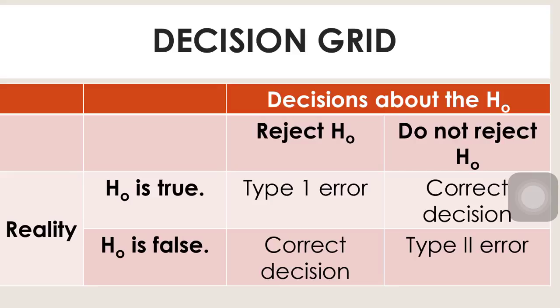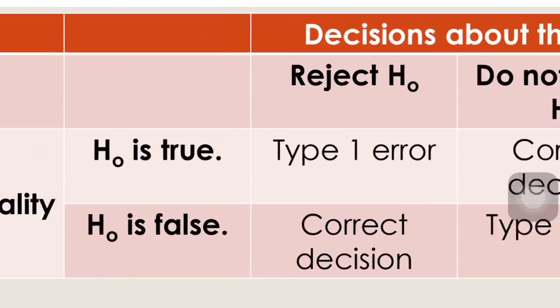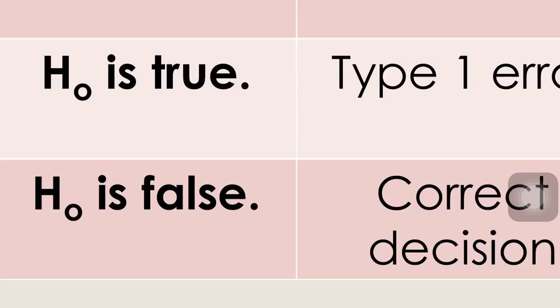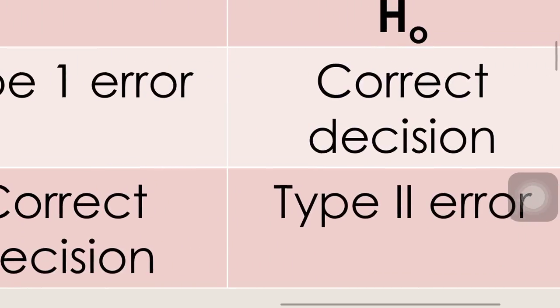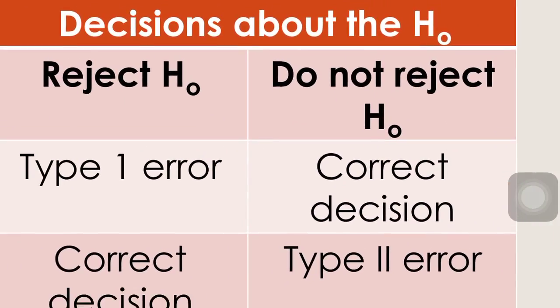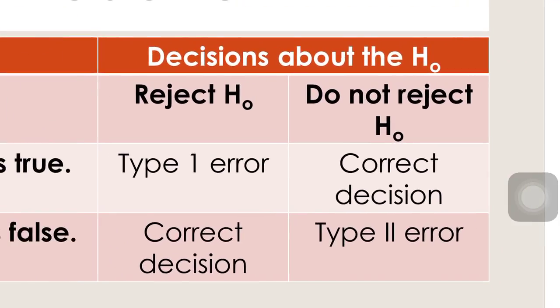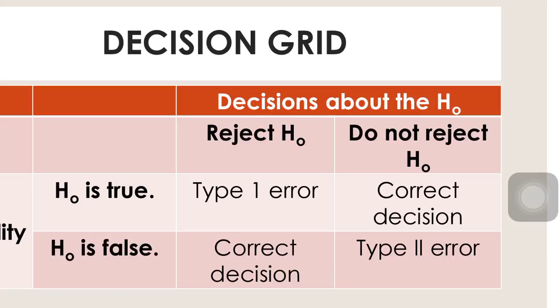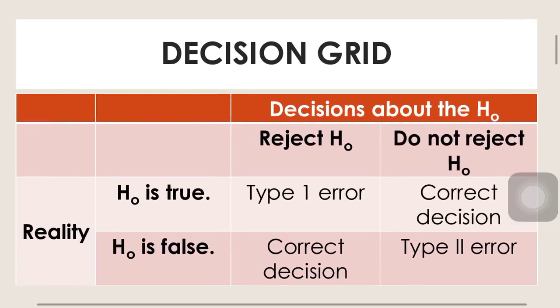If our null hypothesis is false and we rejected it, that's a correct decision. But if our null hypothesis is false and we did not reject it, it is a type 2 error. Let me simplify it this way.